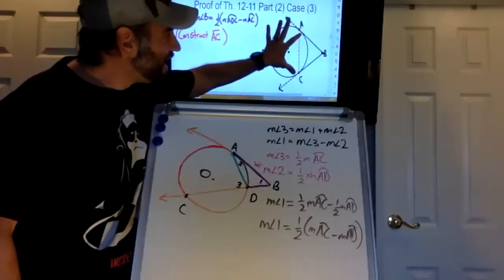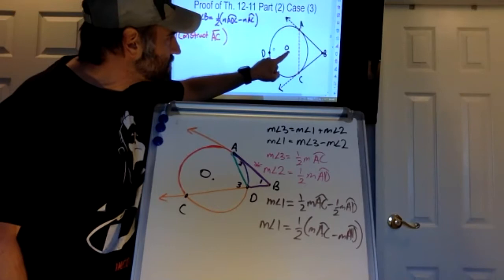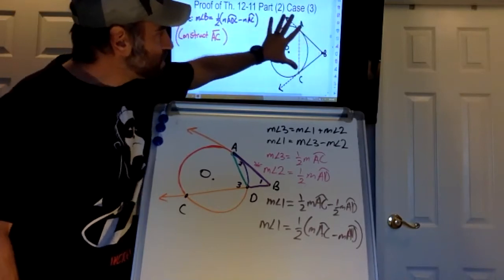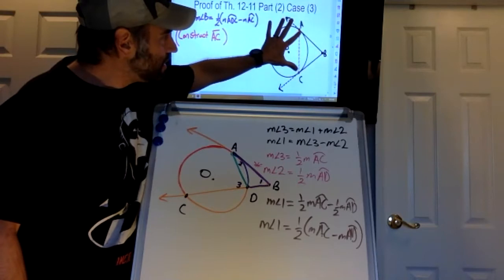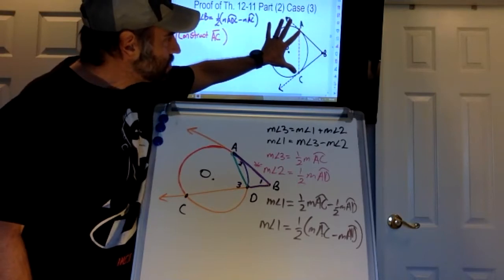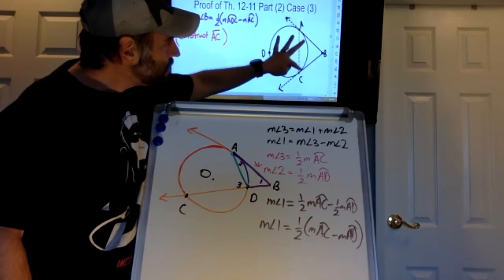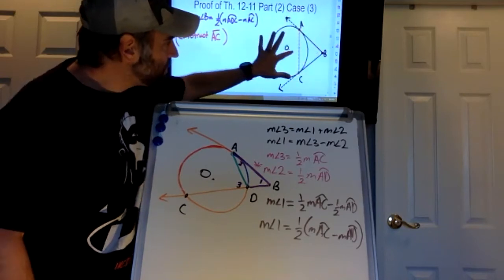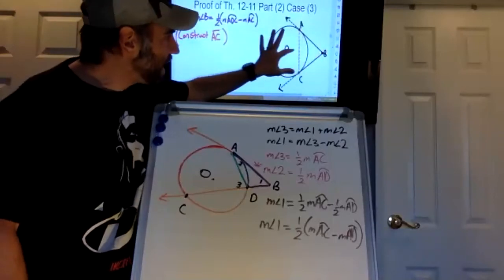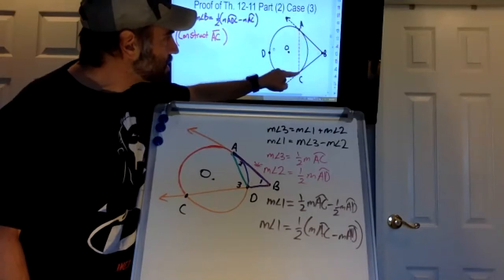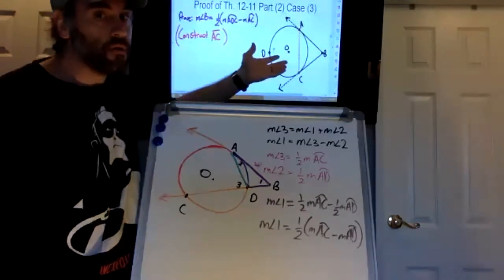That leaves you 180 to be distributed amongst this central angle and B. But the central angle has the same measure as the arc. So if these are supplementary because they add up to 180, then angle B will be supplementary to the arc here. So that's something we know.